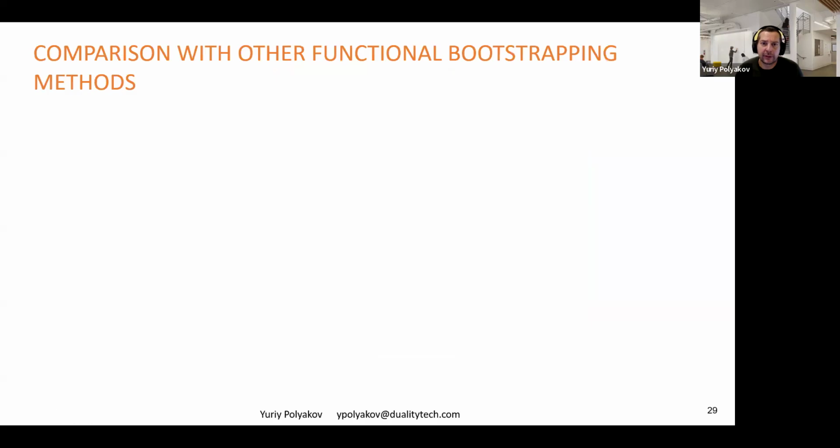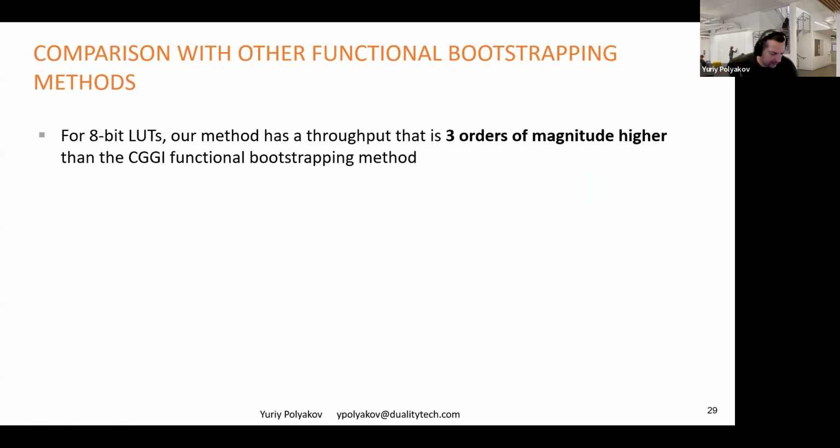So, a brief comparison and then concluding remarks. How does this method compare with the TFHE family? For 8-bit LUTs, we see about 3 orders of magnitude improvement in throughput over the TFHE approach.